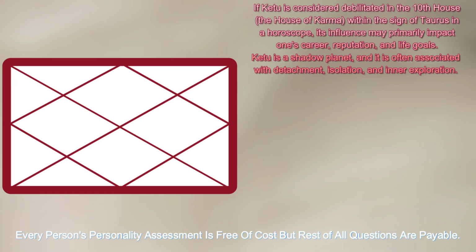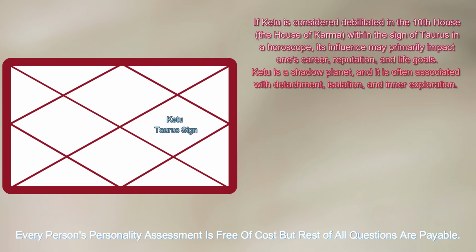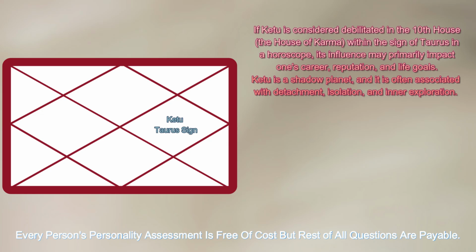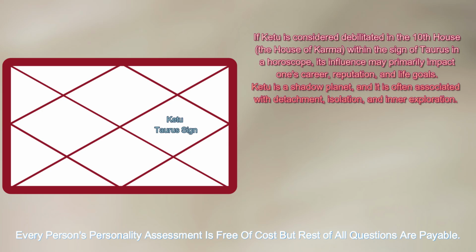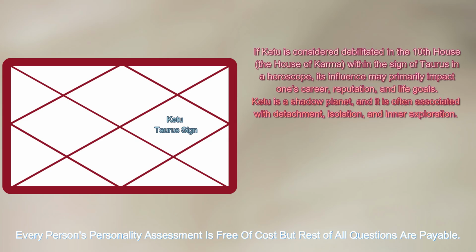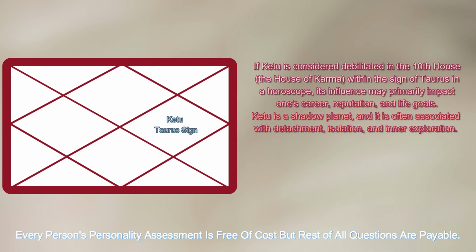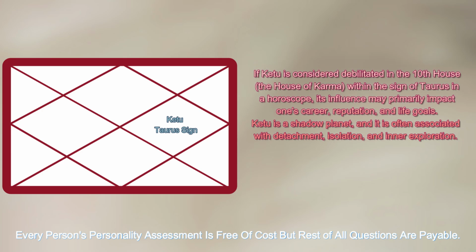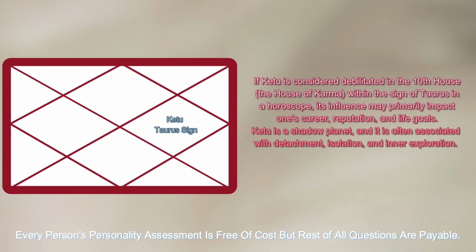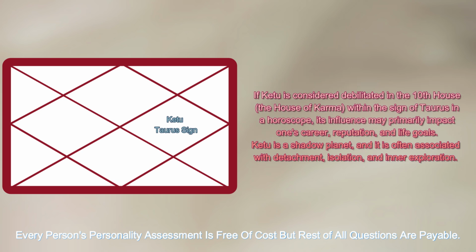If Ketu is considered debilitated in the 10th house, the house of karma, within the sign of Taurus in a horoscope, its influence may primarily impact one's career, reputation, and life goals. Ketu is a shadow planet, and it is often associated with detachment, isolation, and inner exploration.